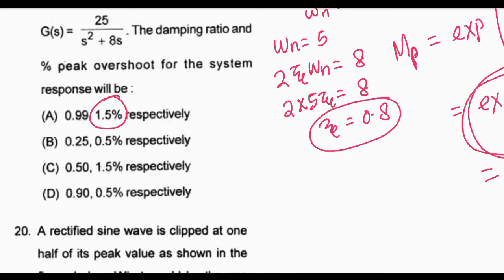And if we put 0.25 at the place of zeta in the formula of Mp percentage, it will not give you 0.5 Mp. So these all the combination of the options are wrong. So correct answer is the 0.8 for zeta value and 1.5 percentage is for the maximum peak overshoot.